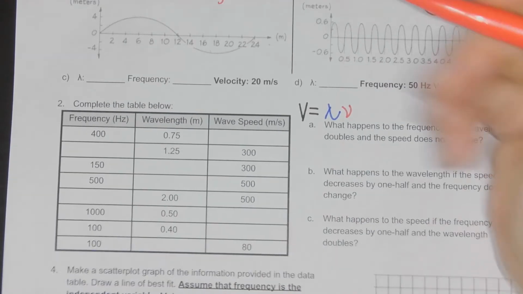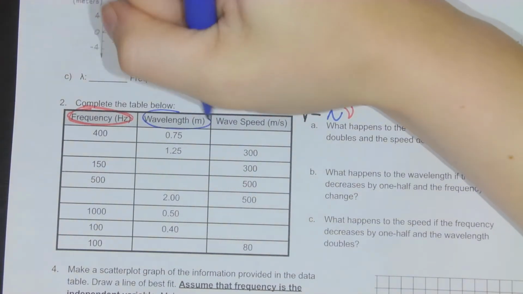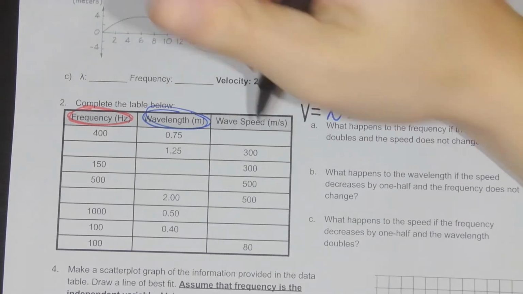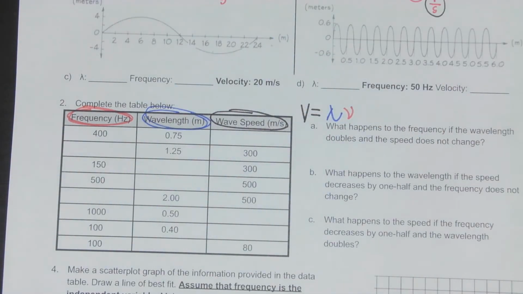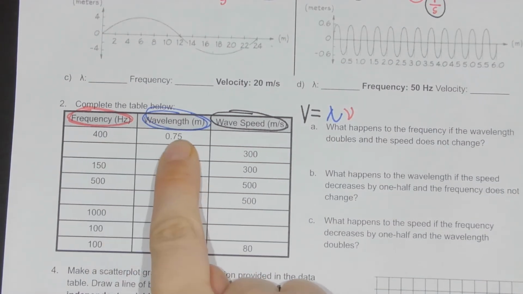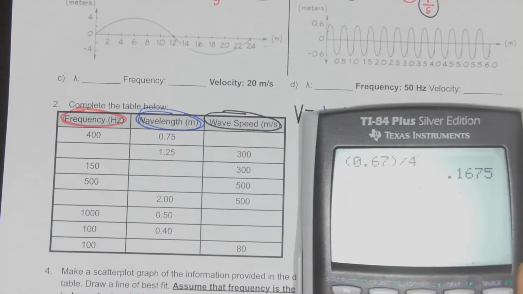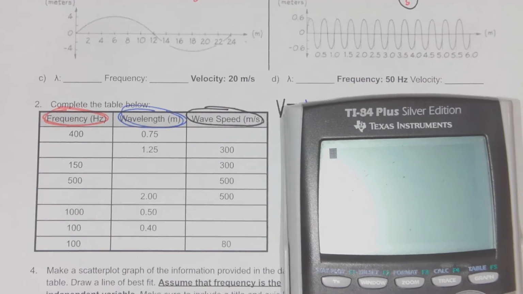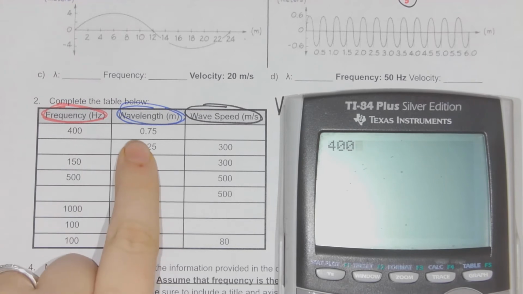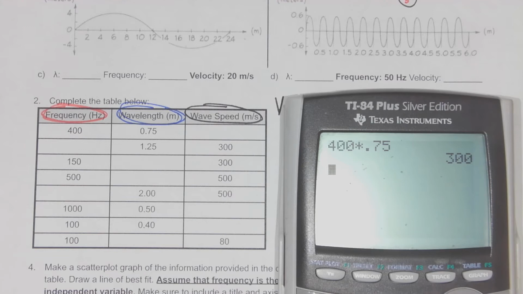So here is the frequency, the wavelength, and the wave speed is fancy lingo for velocity. So this times this equals this. So pause the video and go through and fill in these blanks here. Frequency times wavelength equals wave speed.